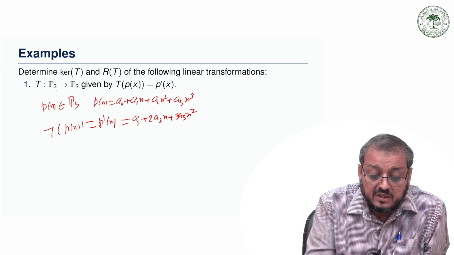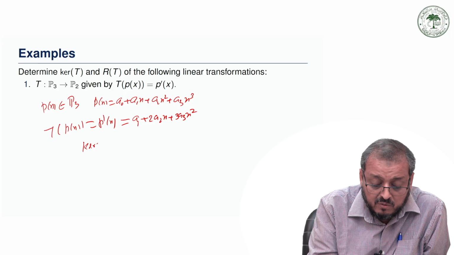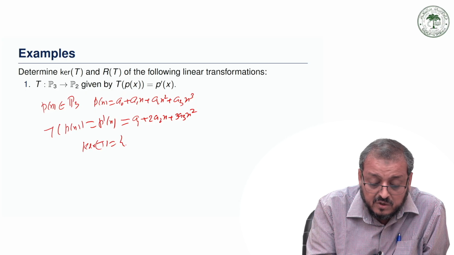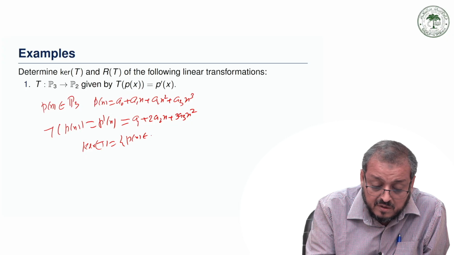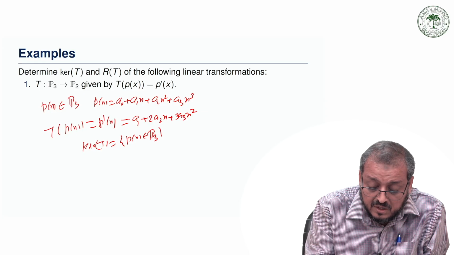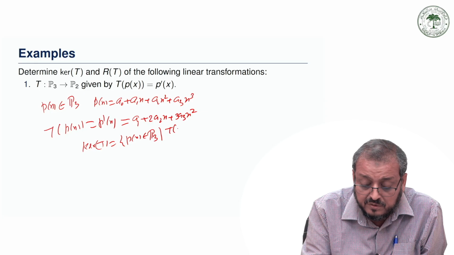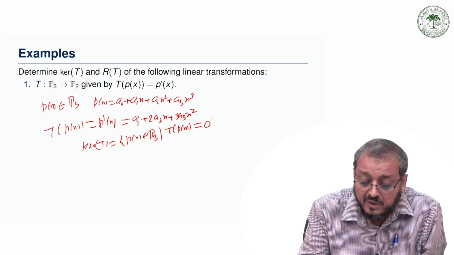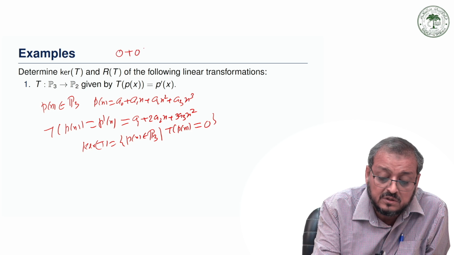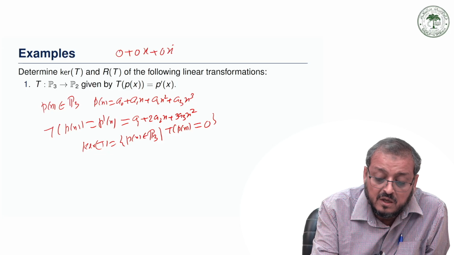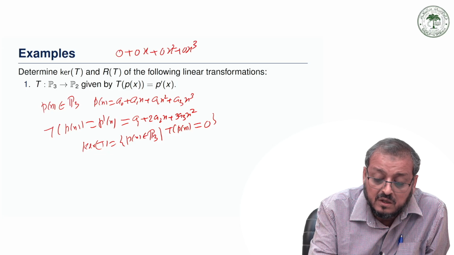And we know that the kernel of T is the set of p(x) belonging to P3 such that T of p(x) is equal to the zero polynomial, and the zero polynomial is 0 plus 0x plus 0x square plus 0x cube.